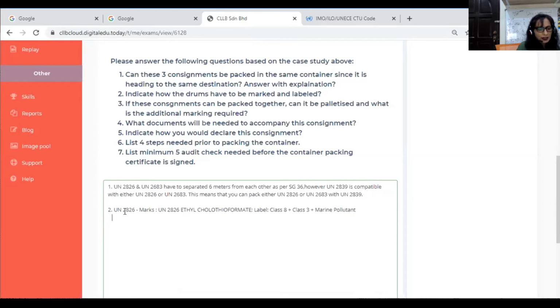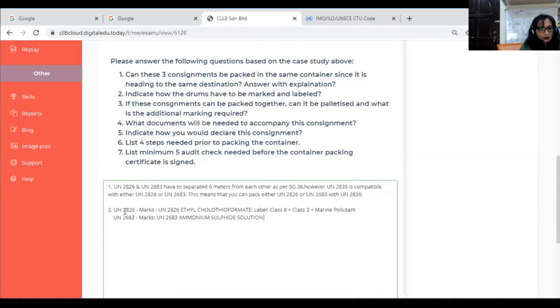The same thing you will answer for the other UN numbers. UN 2683, so marks: UN 2683, and then look at the PSN. 2683 is ammonium sulfide solution, and it is a class 8.